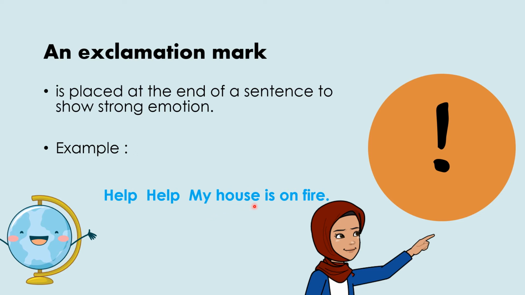Help! My house is on fire! So we must put an exclamation mark here after the word help and here, because this person is screaming and showing strong emotion and needs help.